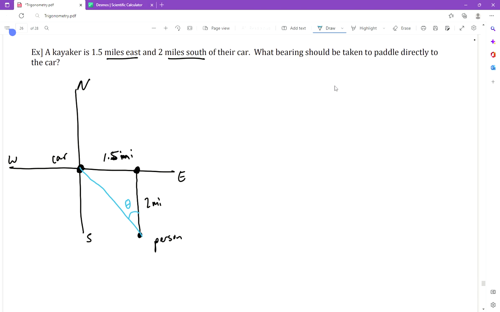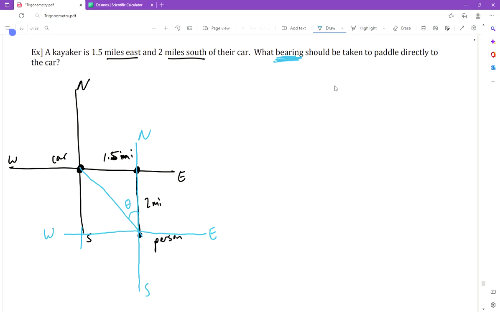Okay, so it's asking what bearing should be taken. And with that bearing, let's sketch this also. It's starting to get messy again, but north, east, south, west. The reason I put that in blue is because they asked for a bearing, so not just an angle like in standard position.